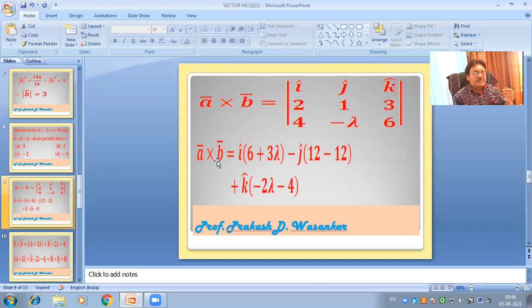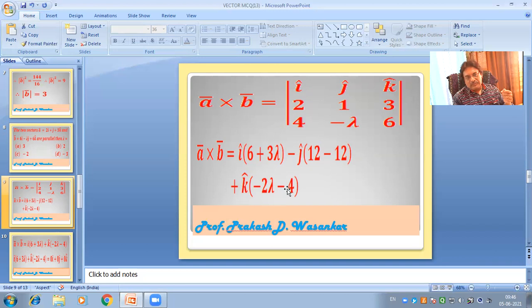So A bar cross B bar is equal to i times (1 into 6, so 6, minus lambda into 3, minus 3 lambda, so plus 3 lambda), minus j times (2 into 6, 12, minus 4 into 3, 12), plus k times (2 into minus lambda, minus 2 lambda, minus 4 into 1).